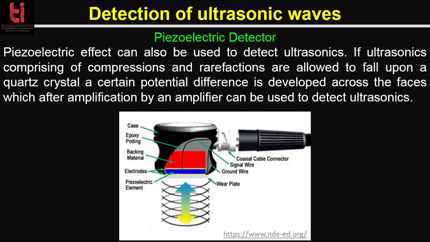The piezoelectric element, the quartz crystal in this case, is cut to half of the desired wavelength. Then we use some backing material, and the backing material supporting the crystal has a great influence on the damping characteristics of a transducer. And then there are some other electronics to amplify the signal and to detect the ultrasonics.